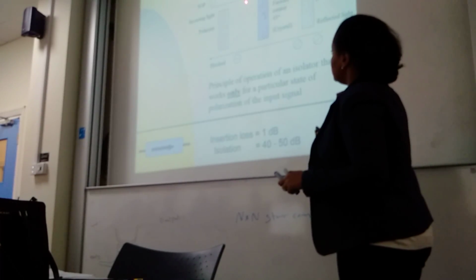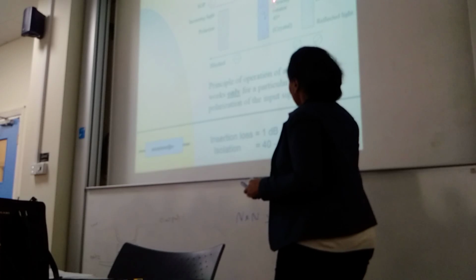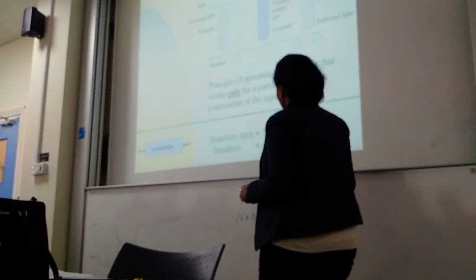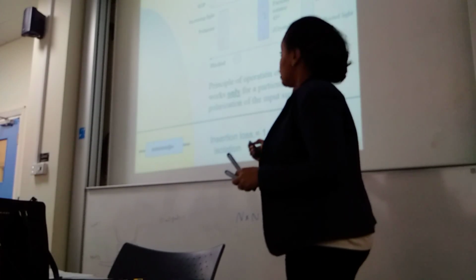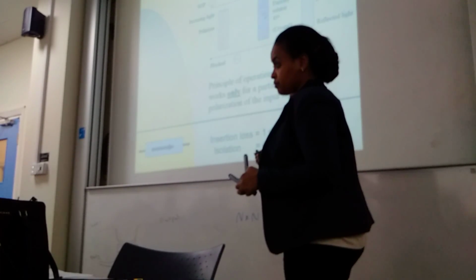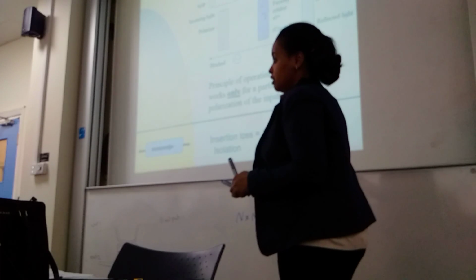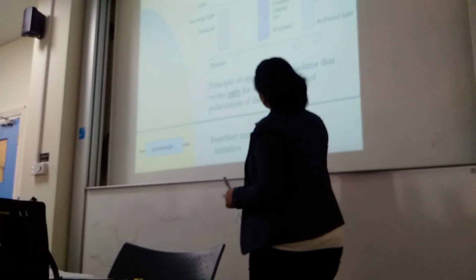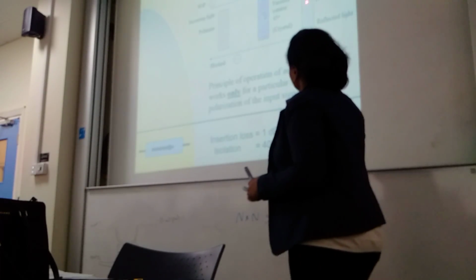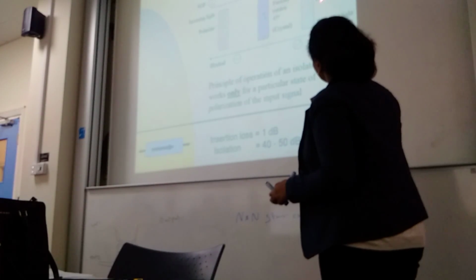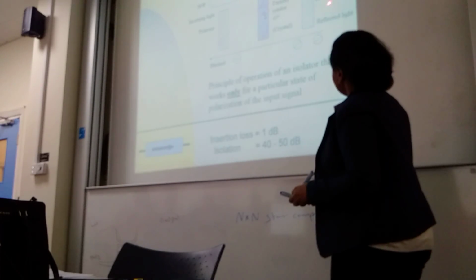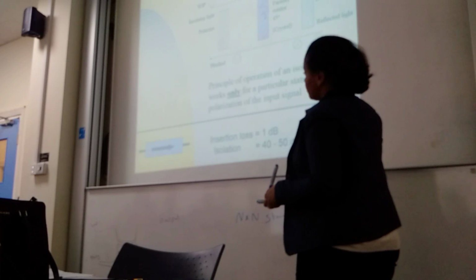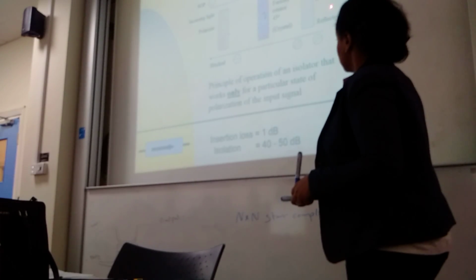Then it passes through a Faraday rotator. A Faraday rotator is a device that rotates the signal by 45 degrees clockwise. So you can see that it was rotated 45 degrees clockwise. Then a polarizer of 45 degrees allows a state of polarization of 45 degrees, so it will allow the signal to pass.